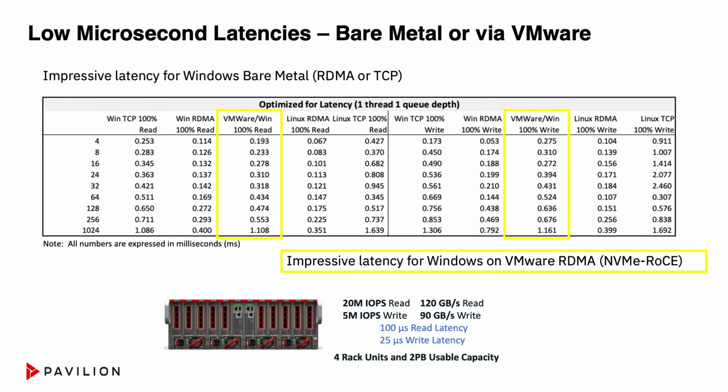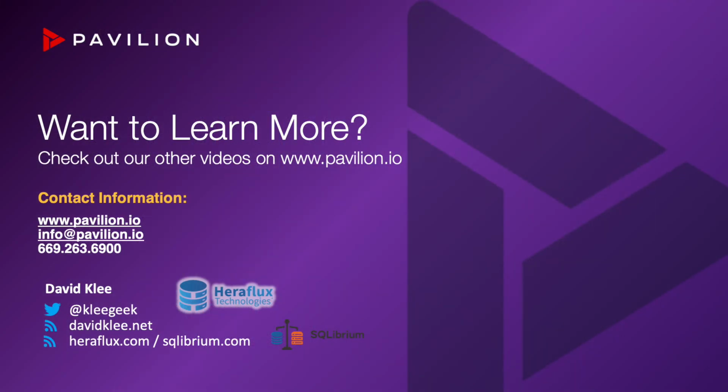But what's equally impressive is the latency by taking that same ecosystem and putting it inside of VMware. Similar or same latency, or in some cases better depending on the protocol than bare metal. So as we see, latency is key to SQL Server, and Pavilion can deliver impressive latency, bare metal, or inside a virtualized VMware ecosystem.